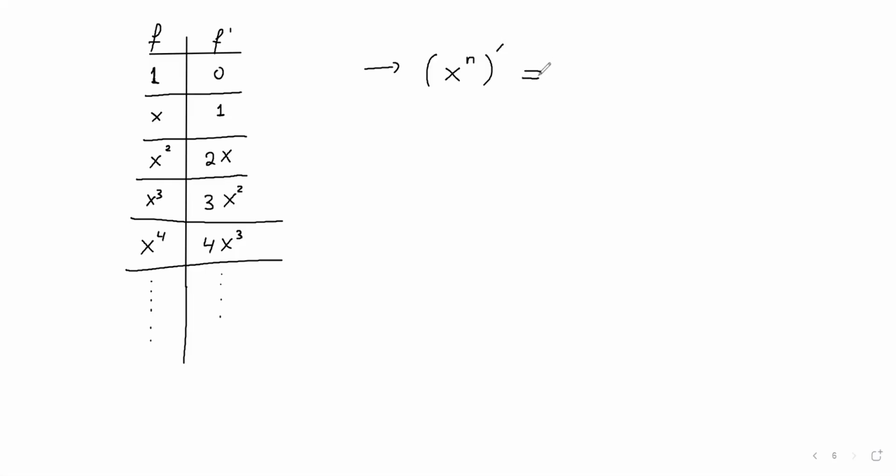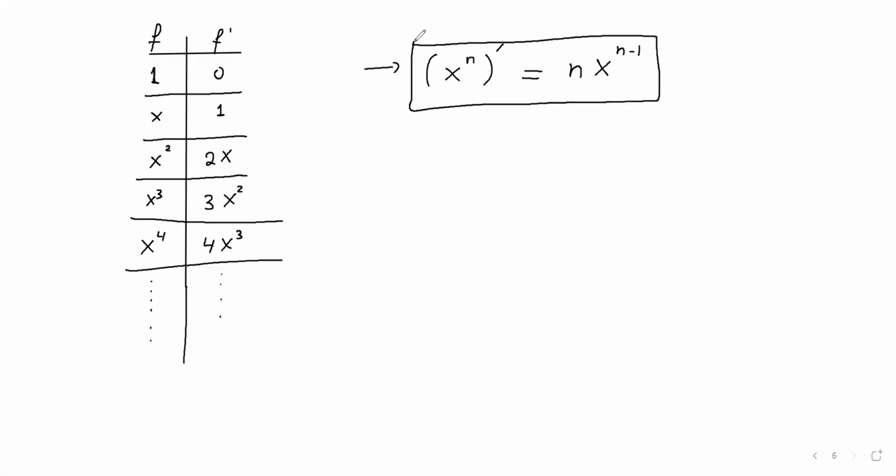The derivative of that turns out to be n. So the exponent comes down here in front of a power of x, and the power of x is decreasing by 1. So it'd be n times x to the n minus 1.